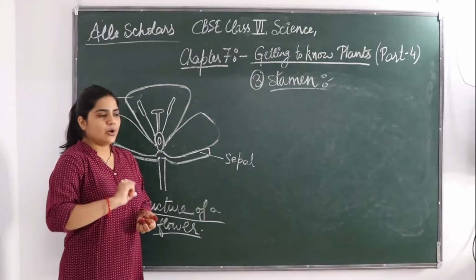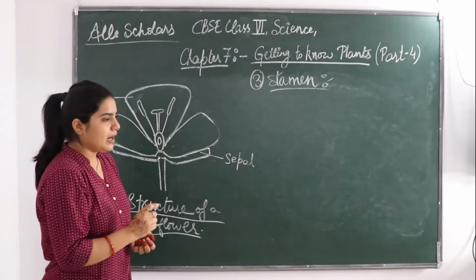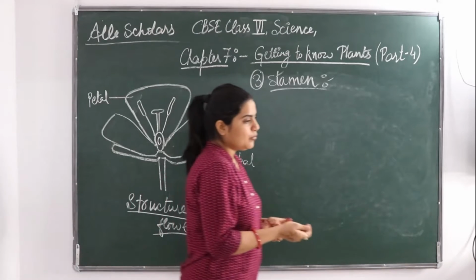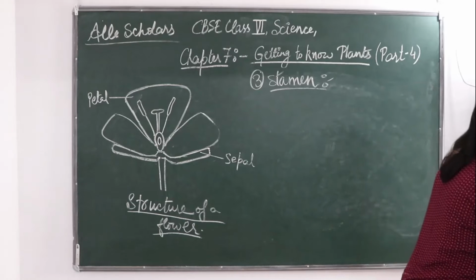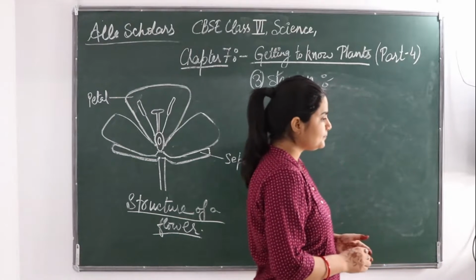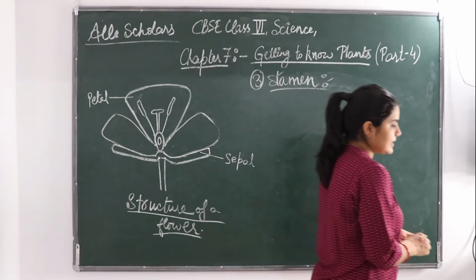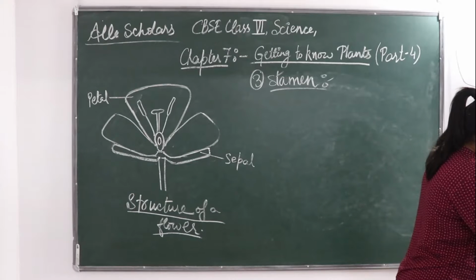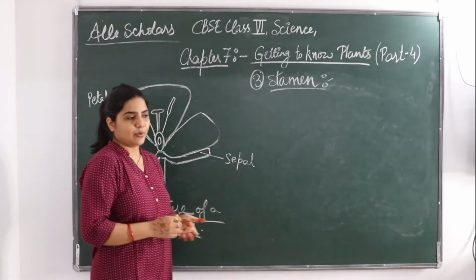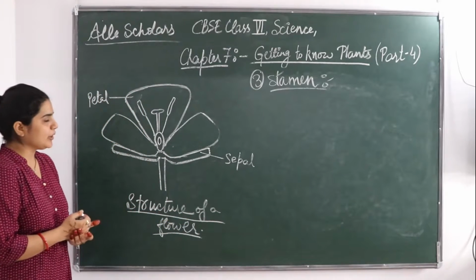So these are the long cylinder part of the flower that can be seen when we remove the petals and sepals. I will be drawing that diagram also and showing you.